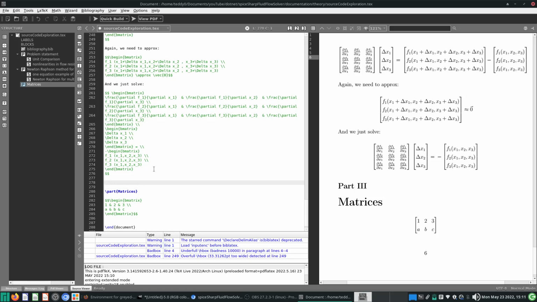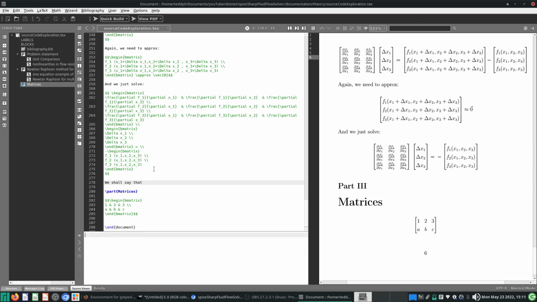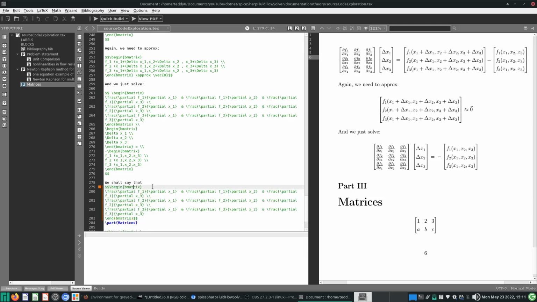We shall say that this matrix right here is called the Jacobian, and I will use the term vector J to denote this.